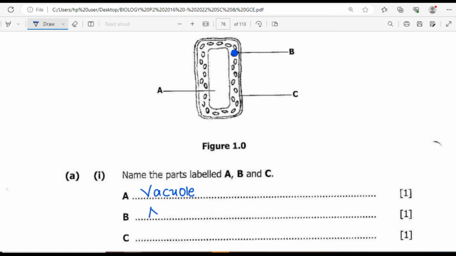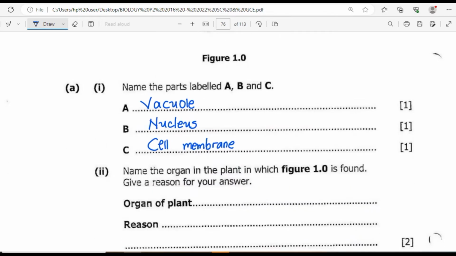So this is the nucleus. Then the nucleus has functions like to control all the reactions that occur in a cell, and to store genetic makeup for the cell. Then C is the cell membrane. So cell membrane is our C.